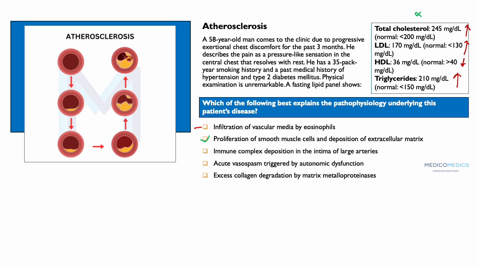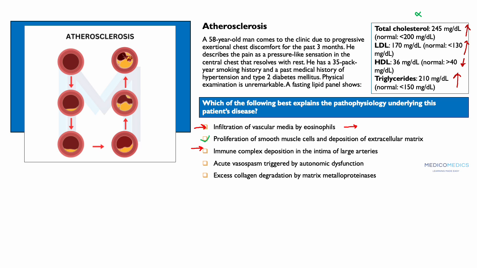Now then, why is it not alternative A, infiltration of vascular media by eosinophils? Well, this actually describes eosinophilic vasculitis, also known as Churg-Strauss syndrome. So it doesn't describe the chronic inflammatory process seen in atherosclerosis. So the key thing here is that there is no eosinophilic predominance in atherosclerotic plaques.